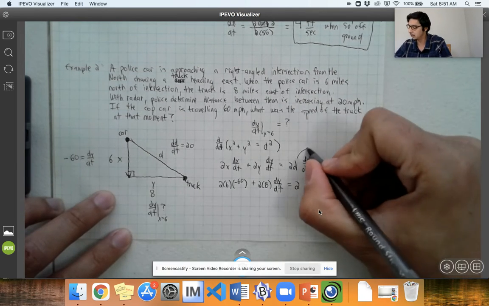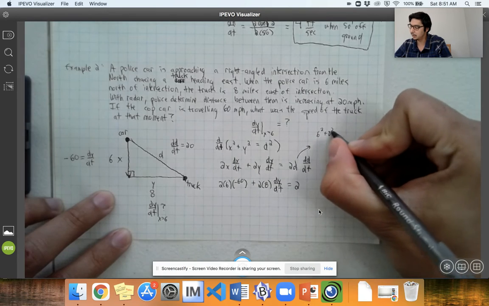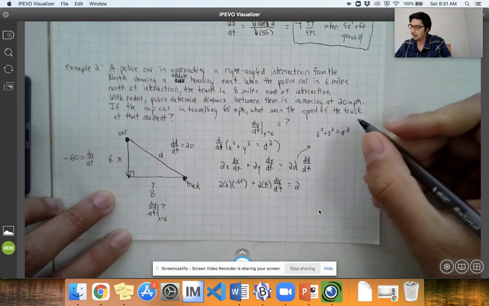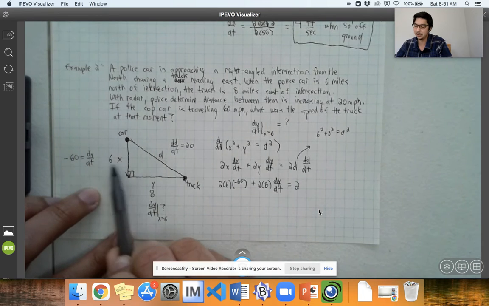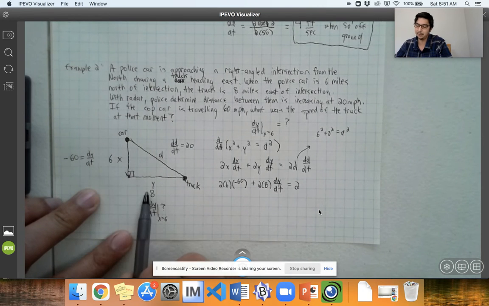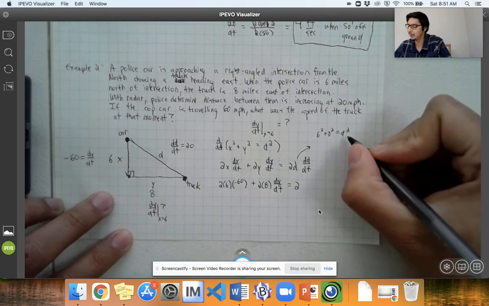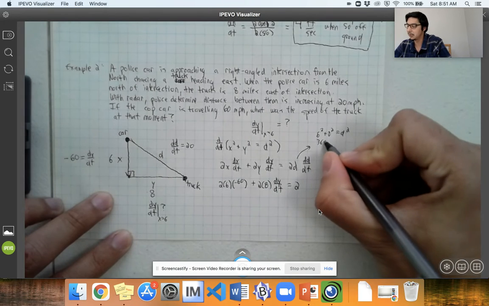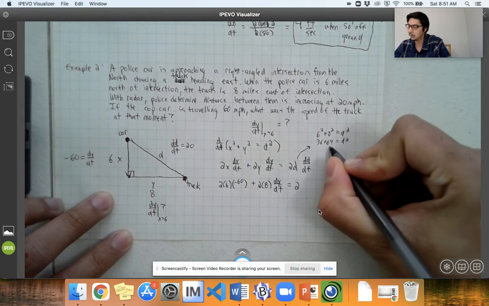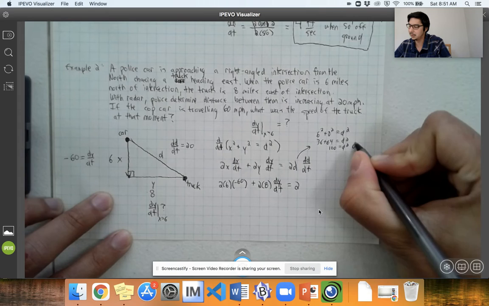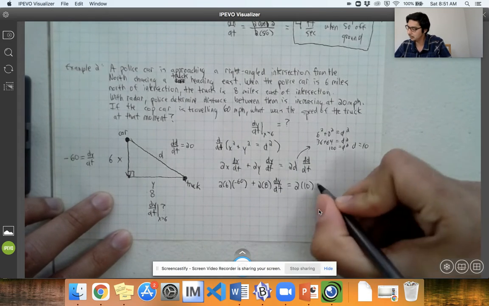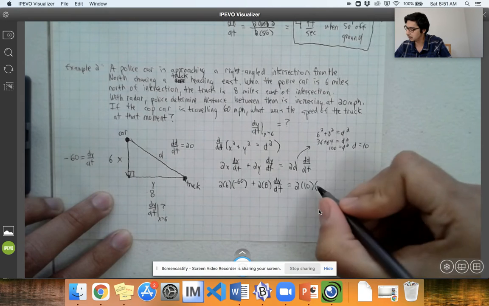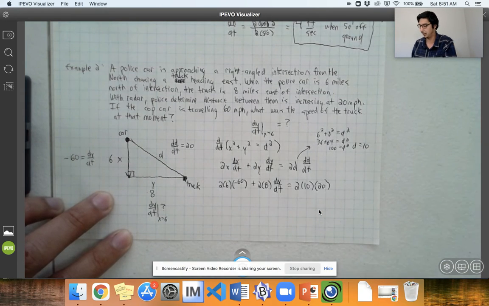So, side note, we would have done 6 squared plus 8 squared equals d squared. I already see that's going to be a 3, 4, 5 triangle, because if you divide each of these by 2, you'd see it's 3, 4, and it would have been 5. So I know it's going to be 10, but working it out, you'd see 36 plus 64 is 100, which implies d equals 10 by square rooting both sides. So that's 10. And the rate at which the distance is increasing is 20, okay?